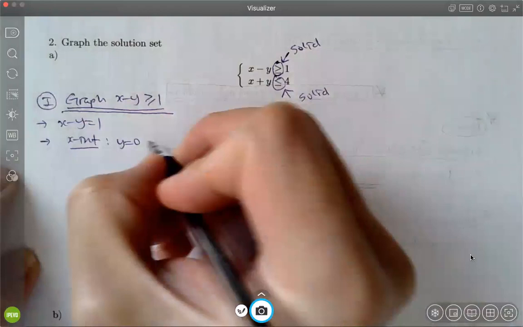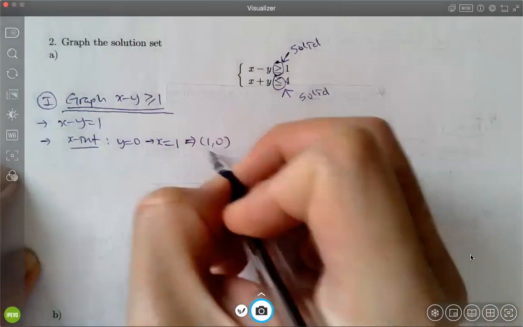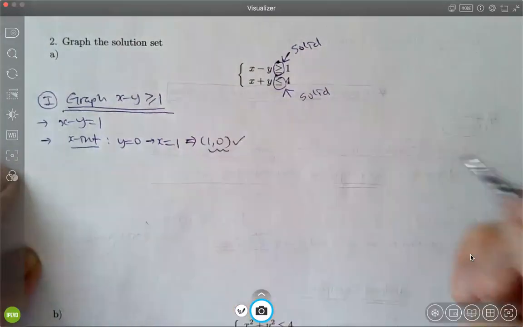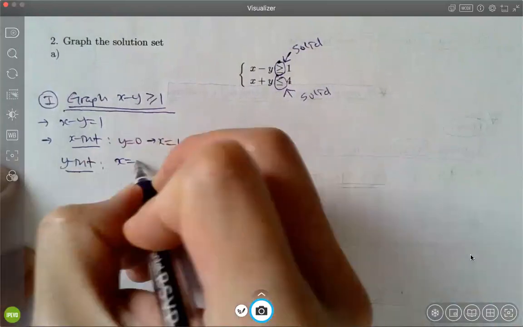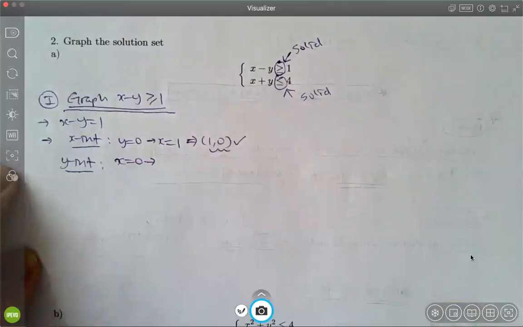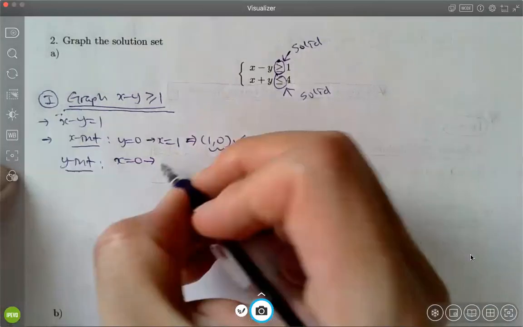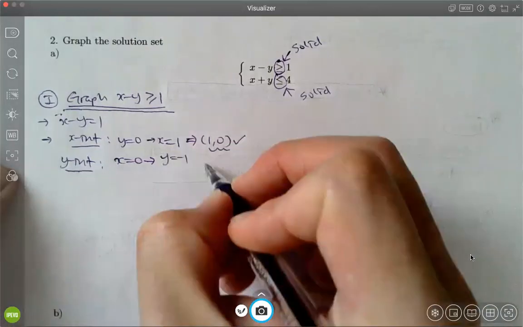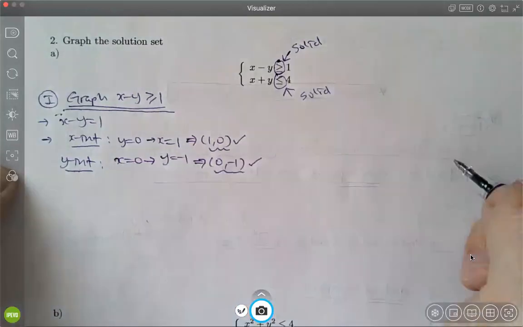Then x is equal to 1, so it passes 1, 0, which is a good point. And for the y-intercept, x is equal to 0, so negative y is equal to 1, so y is equal to negative 1. So it passes 0, negative 1, which is also a good point.